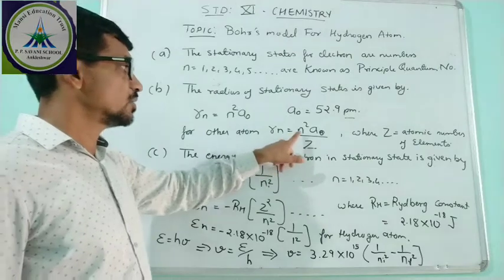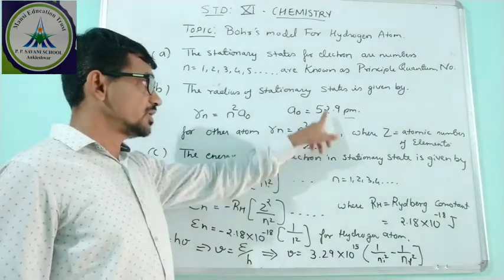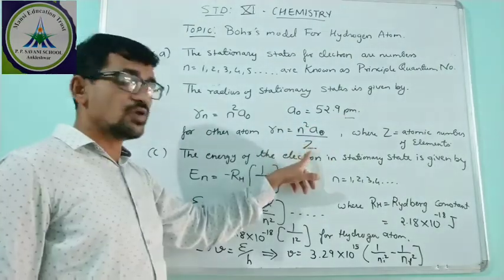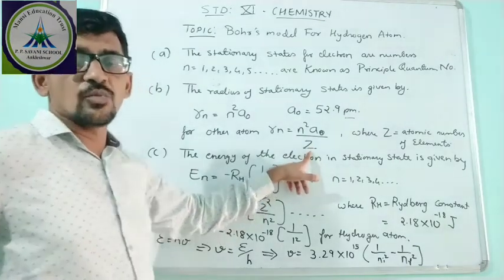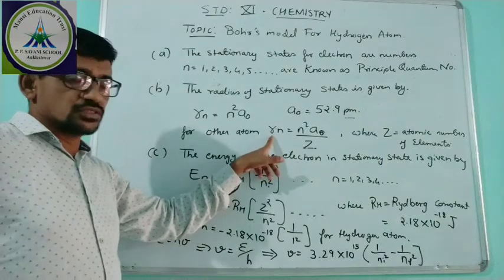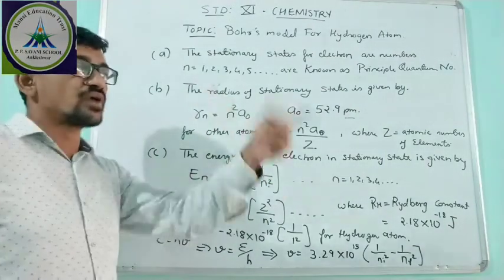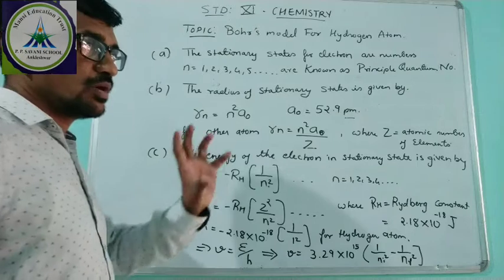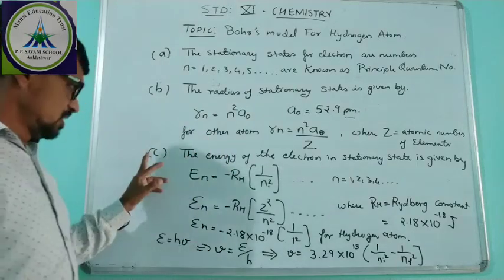So Rn is equal to n square a0, that is 52.9 picometer, divided by Z, the atomic number of the element. Then you can get the radius, and from the radius you can find the area and volume of the particular atom.